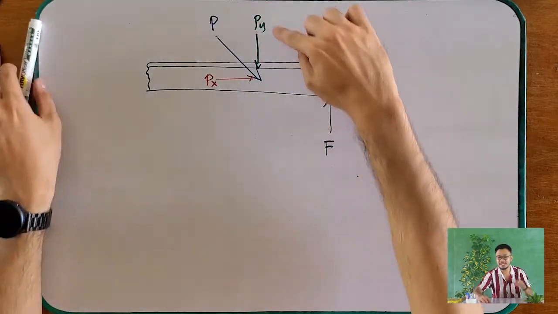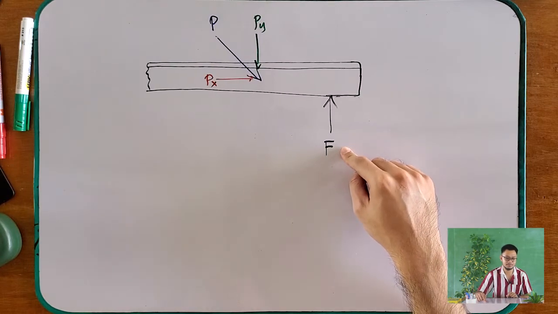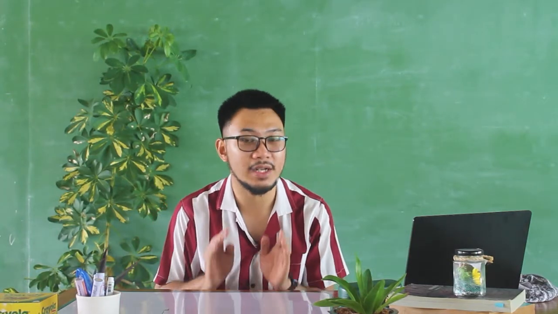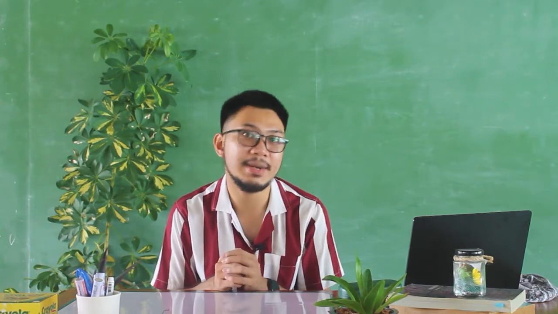So, mao lang ni ang iyang gipugngan nga force sa atong roller support. Okay? Understood? So, ingana lang. Again, it is called support because it restricts the movement of a rigid body.